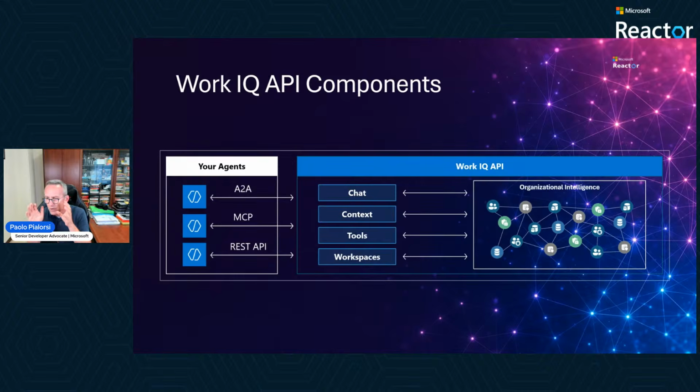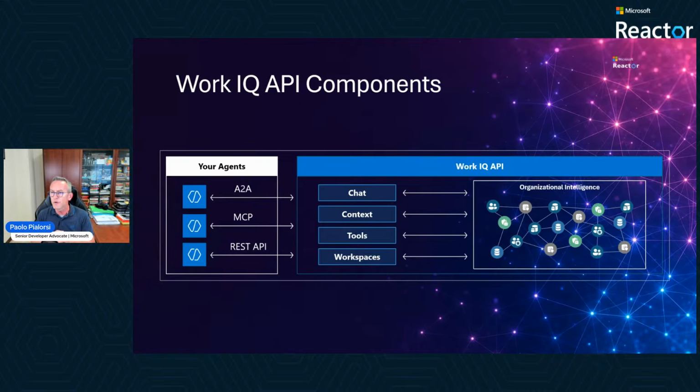So this is just to give you a very quick overview of what WorkIQ is and what the idea of WorkIQ is. But now, since we are developers and in this live stream we want to focus our attention on WorkIQ from a developer standpoint, let's focus more on the architecture, on the components, and on the protocols that we can use with WorkIQ.